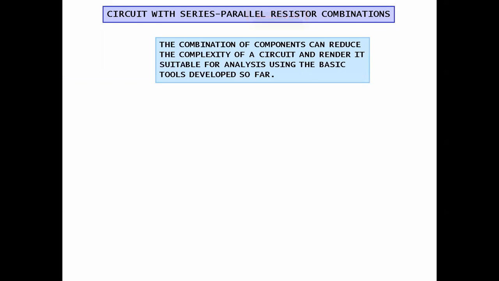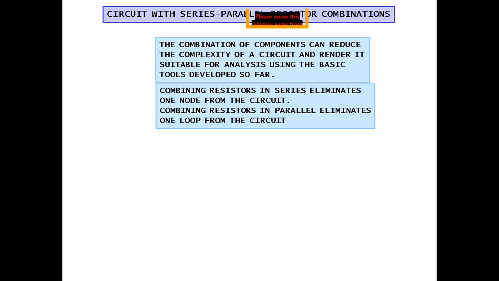Now we'll see the circuit with series parallel resistor combination. The combination of components can reduce the complexity of a circuit and render it suitable for analysis using the basic tools developed so far. These are again important points.